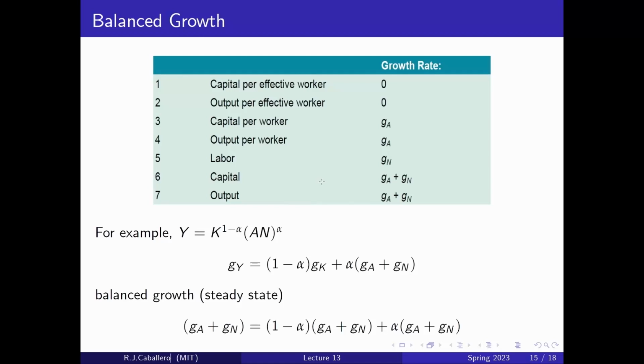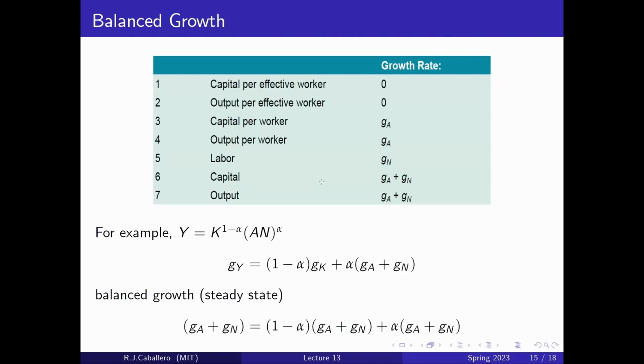Obviously, if we pick the right normalization here, it was effective workers, so productivity times population or workers. And if we normalize the variables by that, we get zero growth. That's what it means to have balanced growth, in which all the relevant variables are growing at the same rate.